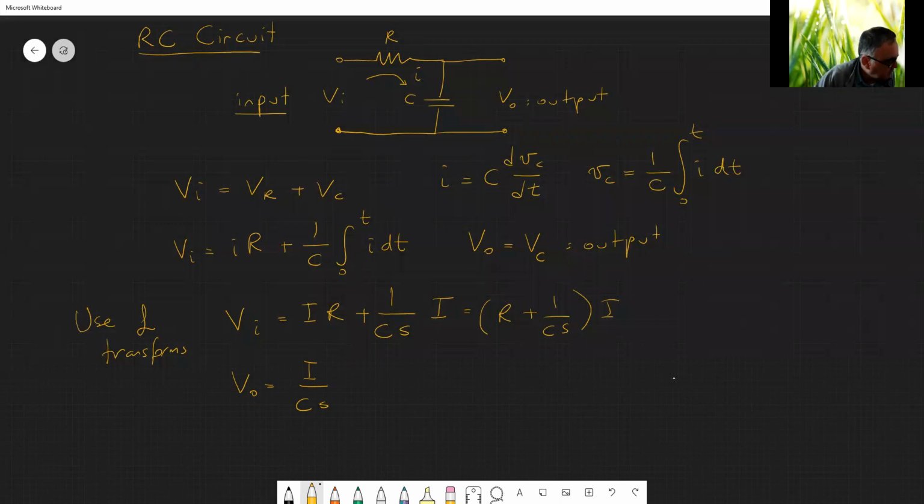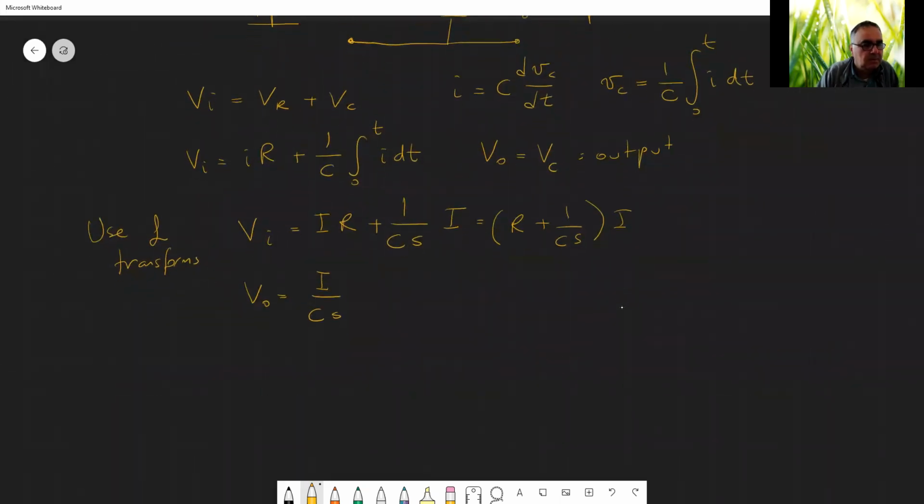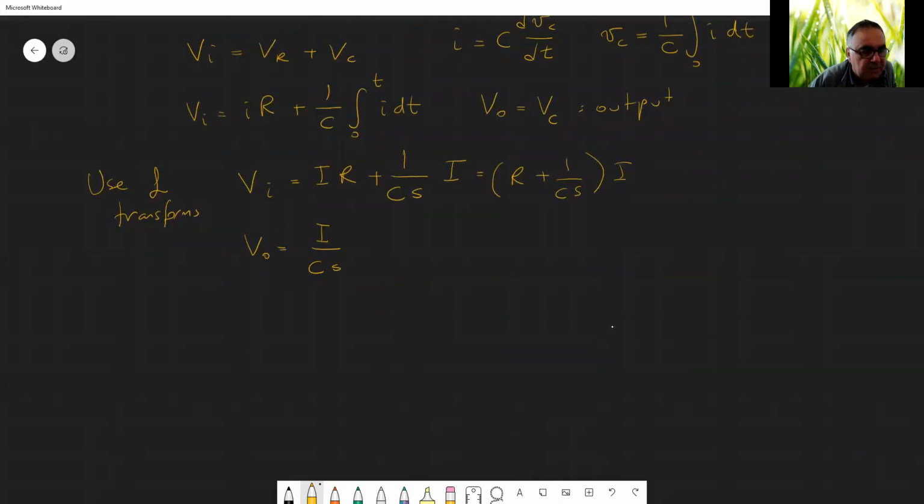So we can say that the transfer function, that is the output voltage divided by the input voltage, VO over VI, is I over CS divided by this, which is VI.